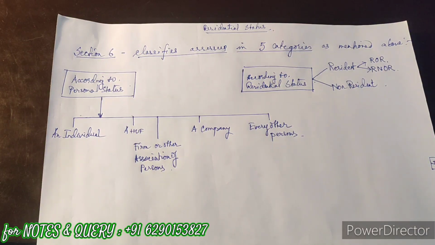Now if he is resident, then he can be resident and ordinary resident, that is ROR, or he can be resident and not ordinary resident, that is RNOR. So section 6 classifies the assessees into 5 categories according to the personal status and according to the residential status. So we would now focus on the residential status of the assessees.